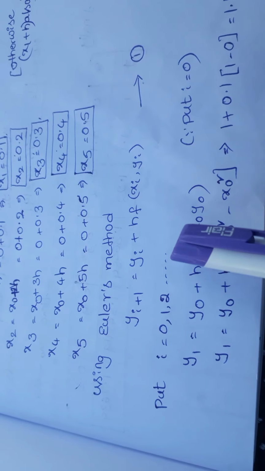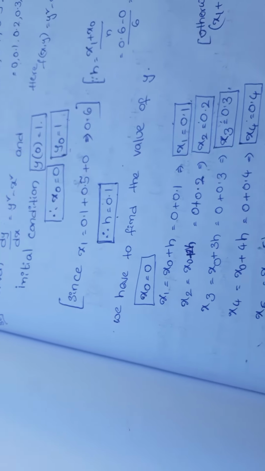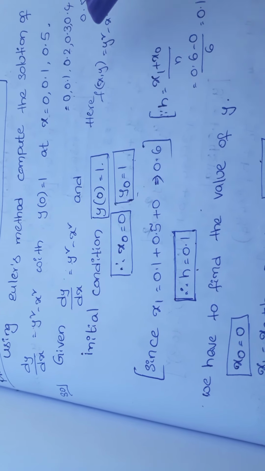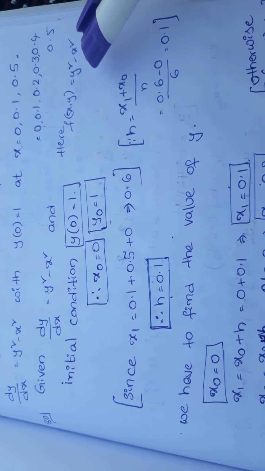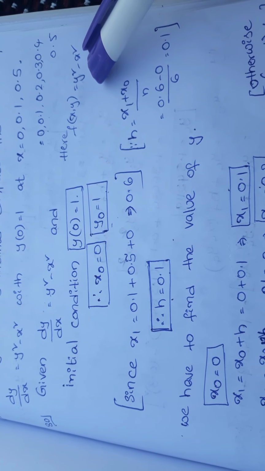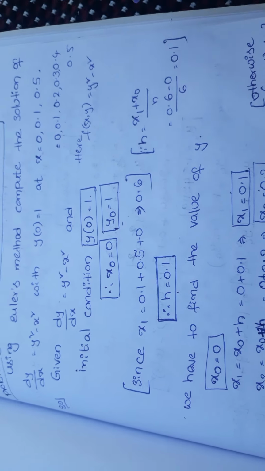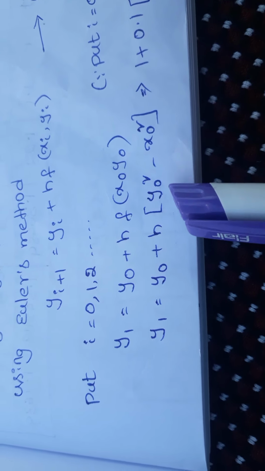So f of x naught comma y naught means, from the given differential equation, f of x comma y is equal to y square minus x square, as I told you. So we can substitute the values of x and y, x naught, y naught. That means the function can be changed.